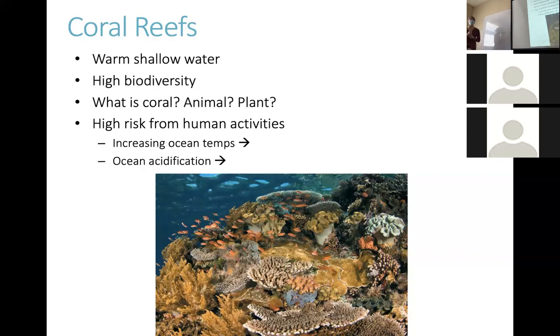I mentioned ocean acidification briefly. Do you remember what causes ocean acidification? Something dissolving into the water, a gas that dissolves into the oceans that we're spitting a bunch out of. Starts with a C. Carbon dioxide.